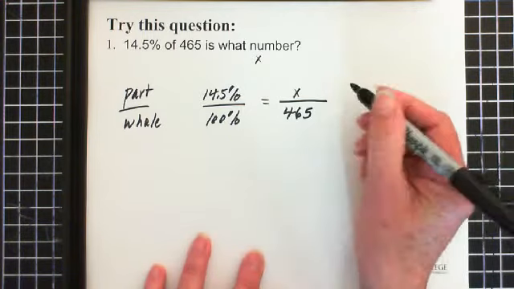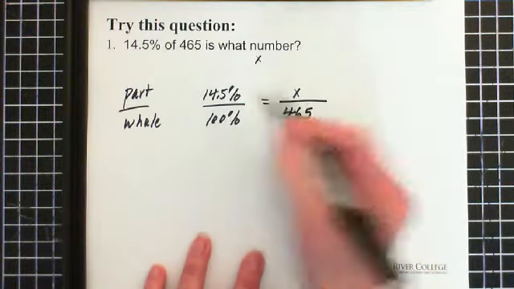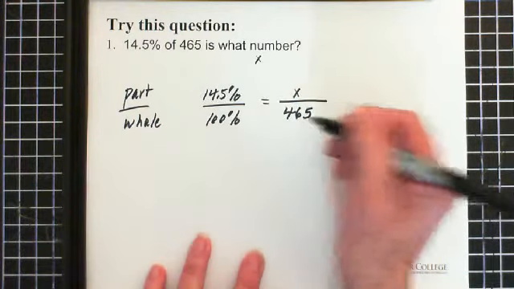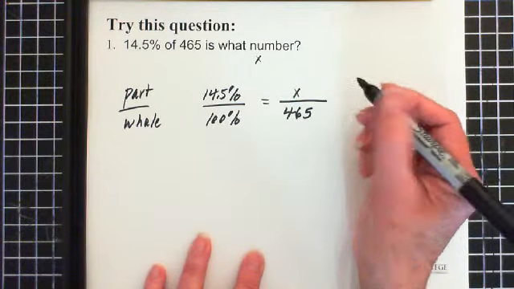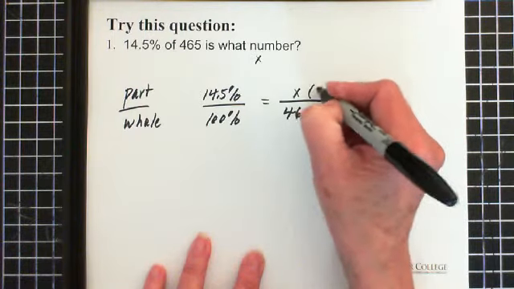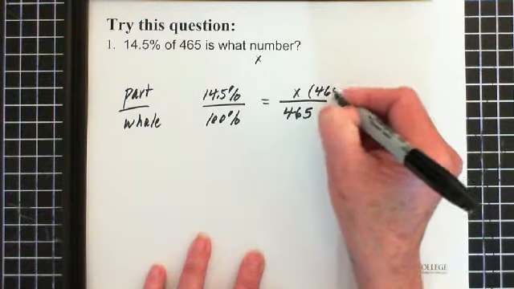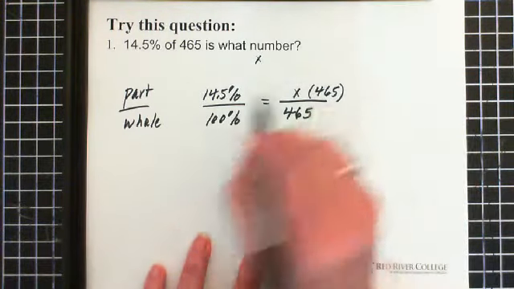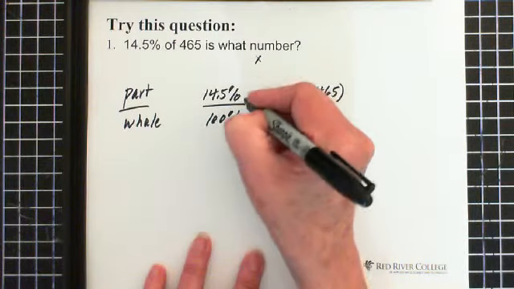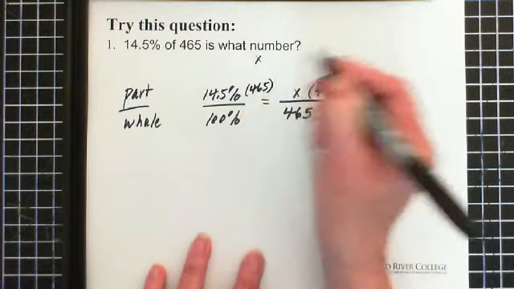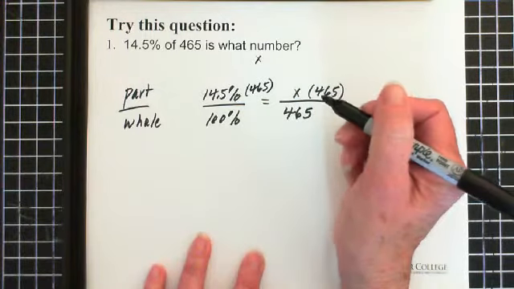So now what we're going to do to solve for this piece is just move the 465 out of this side. So I'm going to multiply this side by 465. And if I multiply this side by 465, I must multiply this side by 465 as well, because it's an equation. They equal one another.